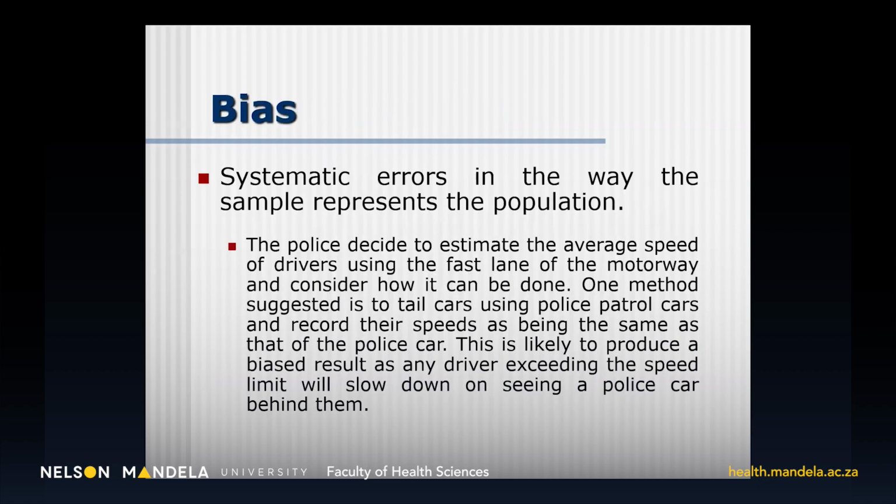So there is external validity and internal validity, and we have seen reliability. And now, the next thing we want to introduce here is what we call bias. Bias is systematic errors in the way the sample represents the population.